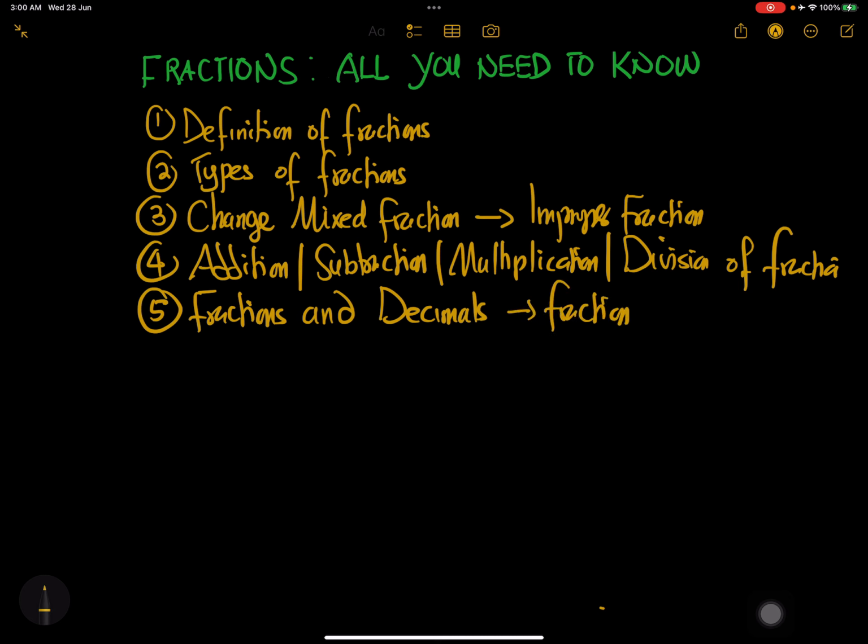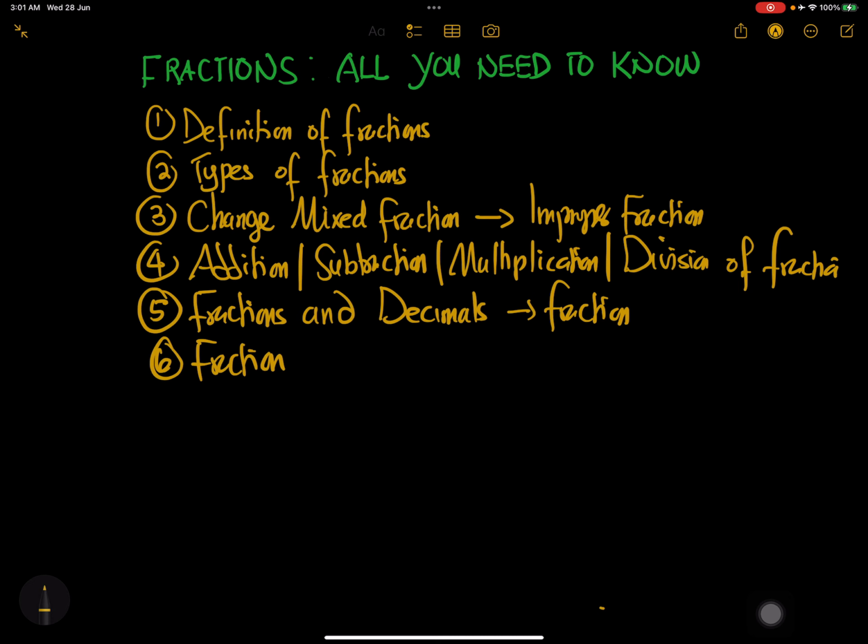and also a decimal back to a fraction. The sixth thing, since we're going to look at decimals and fractions, it will be prudent to look at fractions and percentages before we look at decimals and decimal places and significant figures.